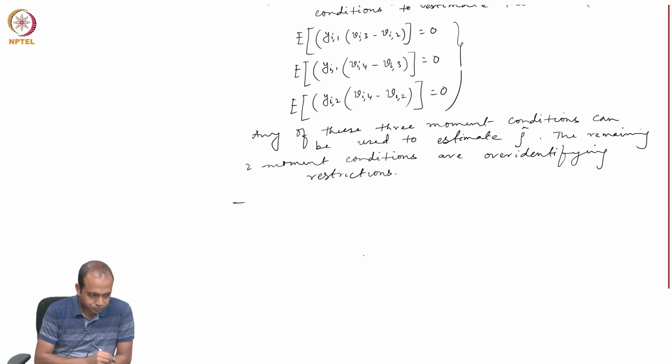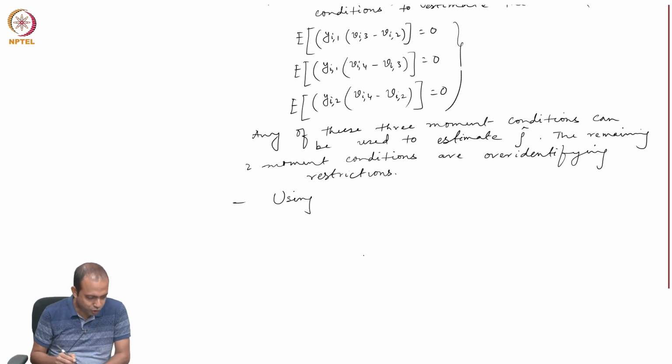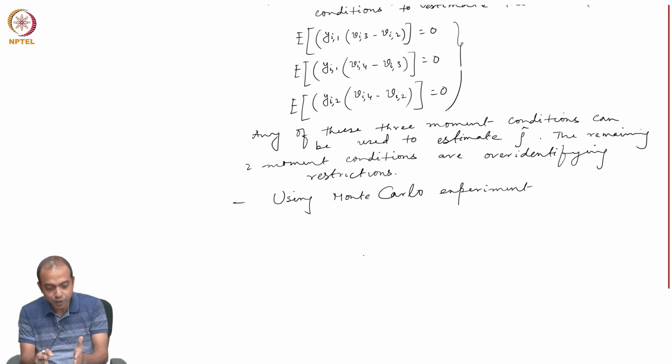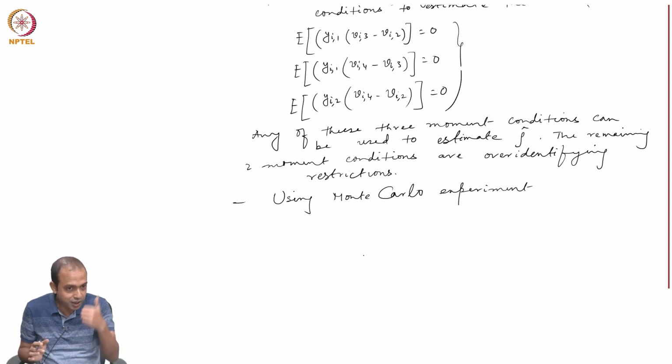Using Monte Carlo simulations, okay, Monte Carlo experiments. Now, since you have 2 extra moment conditions, we need to construct a test for over identification, and the first test is Sargan's test. Sargan's test is constructed within this particular context.